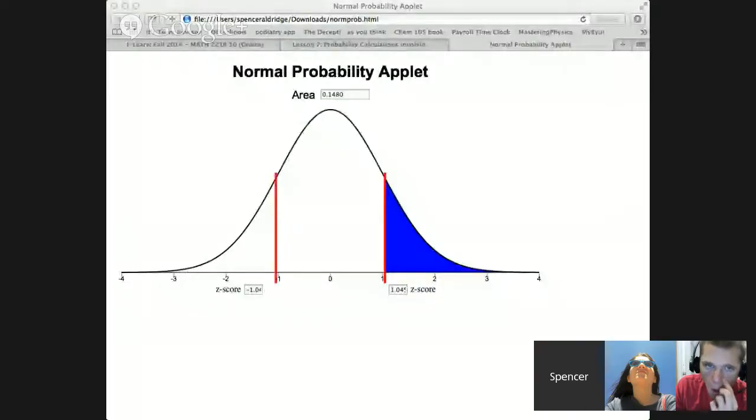I got 0.148 from using the normal probability applet, Sarah. It's just the area to the right. Yeah, 0.148, that's what I got. Let me share my screen with the applet so that Sarah can see. So, yeah, that's how I got this number.